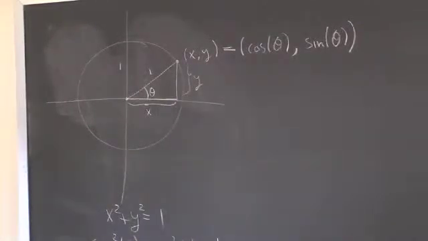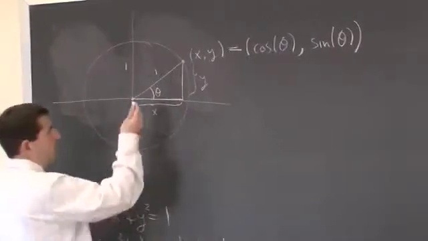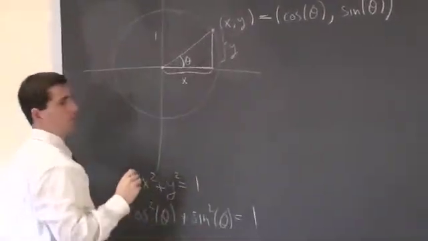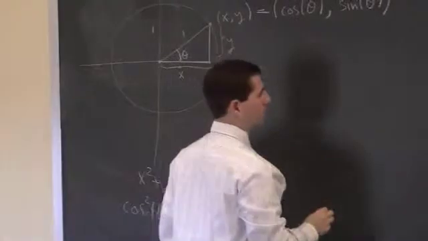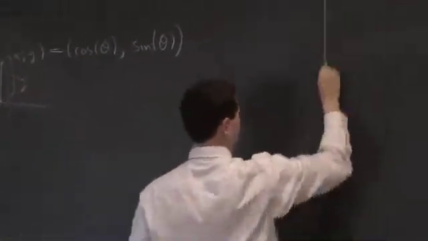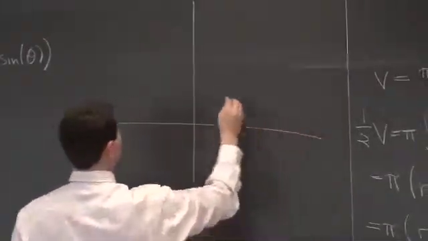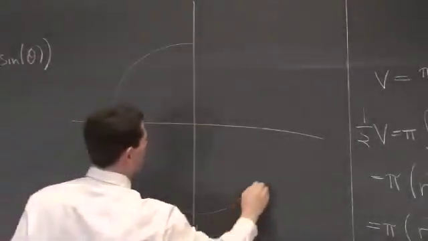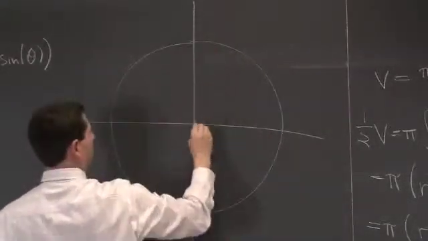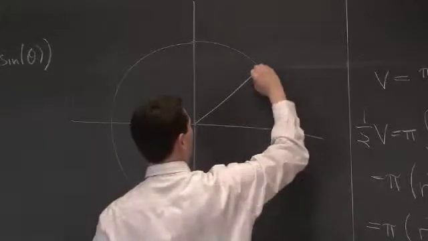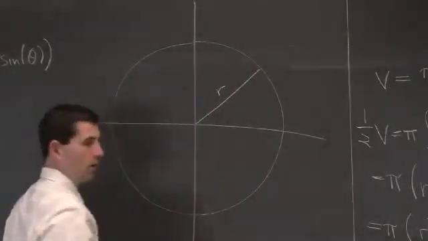Okay. Now, let's say that instead of starting with a unit circle, we had instead started with just an arbitrary circle centered at 0. Okay, so we're going to draw the same picture, only now my radius is going to be r.